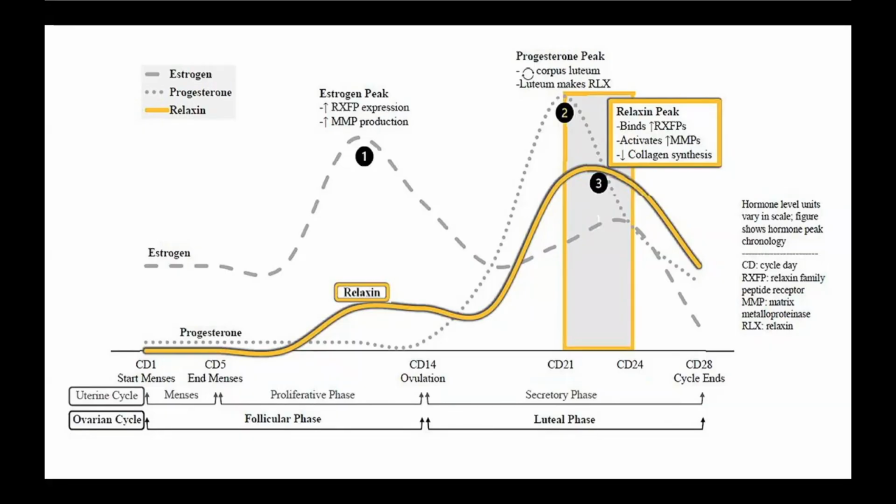And as you can see, underneath the estrogen graph is relaxin. Relaxin tends to follow the estrogen peaks. So what a lot of people tend to report is that during the second half of their cycle, or around the fluctuations of their menstrual cycle, they have a worsening of symptoms.